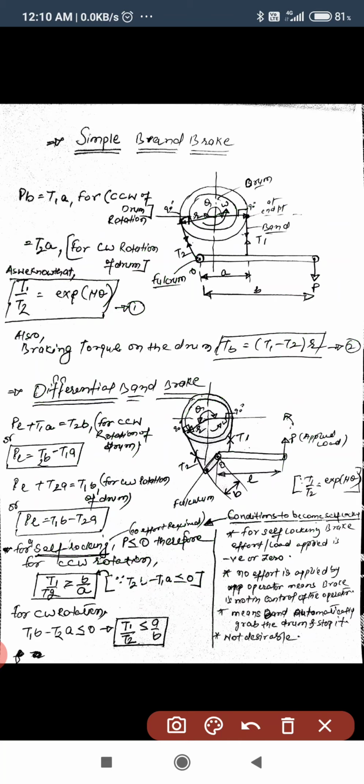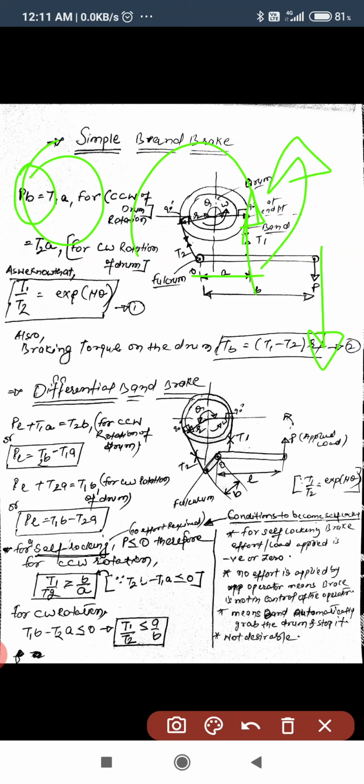The braking torque on this drum is the difference of the torque with this brake, that is the difference of T1 and T2 times R, where R is the radius of the drum. So when P B is equal to the applied force, the torque is T and this distance A. This is for the anti-clockwise direction.